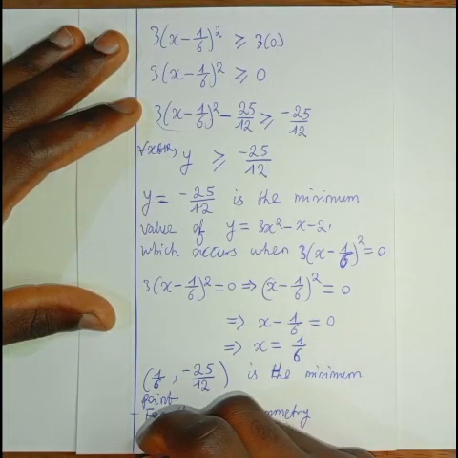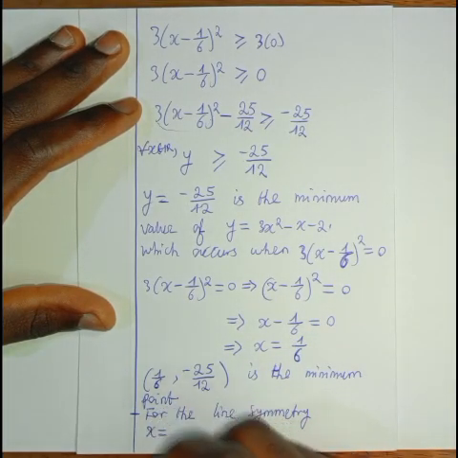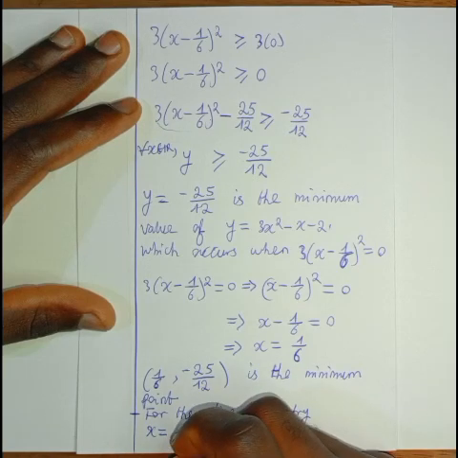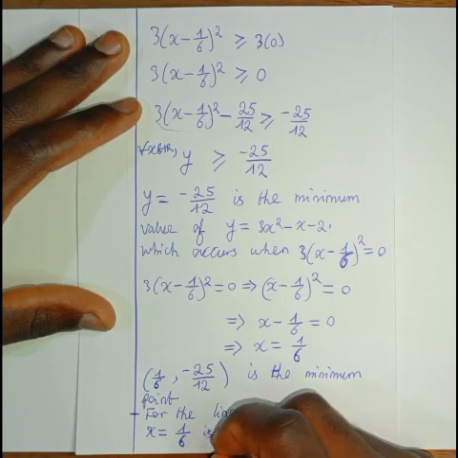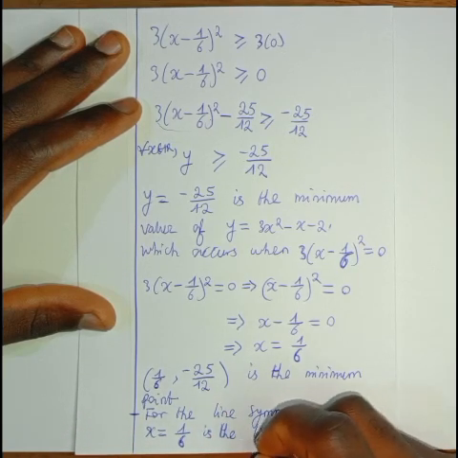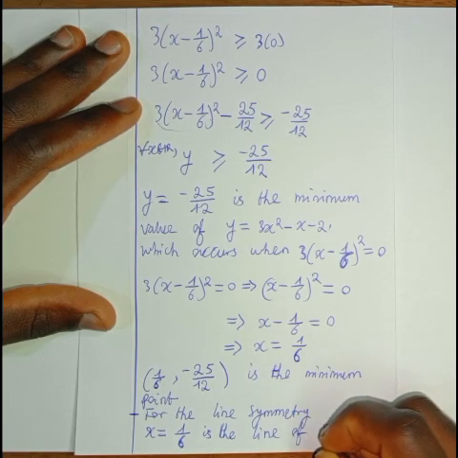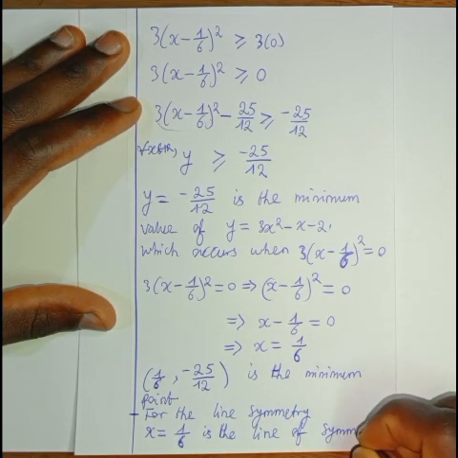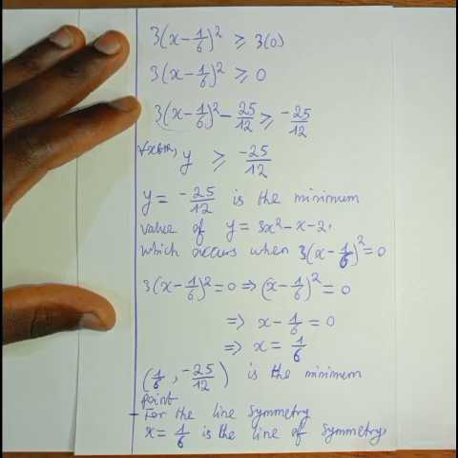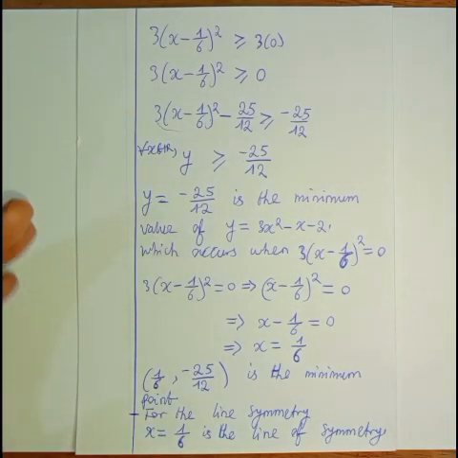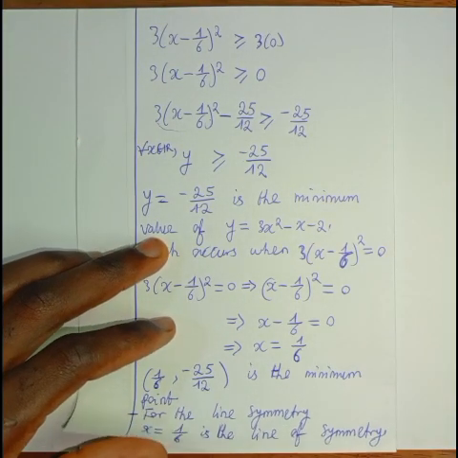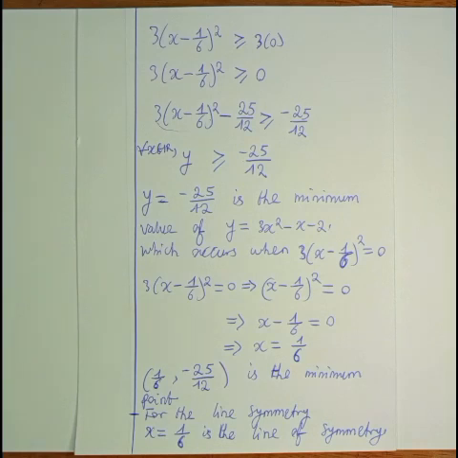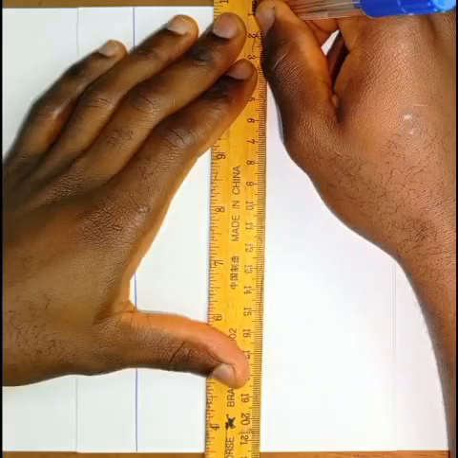We are going to write this down. x equal to 1 over 6 is the line of symmetry. Knowing all this, now we can sketch our function y equal to 3x squared minus x minus 2.